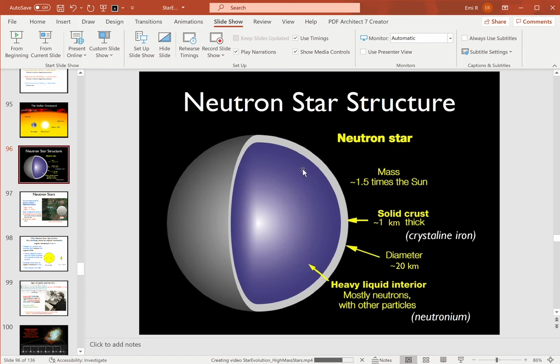And then they have a solid crust also made of crystalline iron. They have a diameter of about 20 kilometers. 20 kilometers is less than the distance from the campus to downtown. So that can give you an idea of the size of those objects.